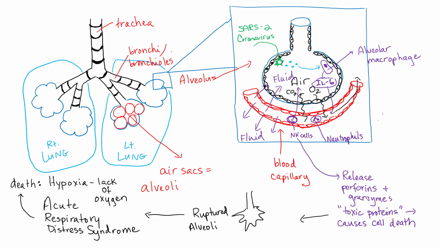We're seeing lots of cell death caused by the natural killer cell action. And we're seeing these ruptured alveoli. And we're seeing this effect of hypoxia, where the patients are dying because they simply cannot get proper gas exchange.